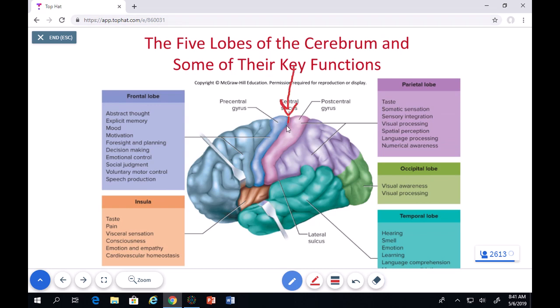The central sulcus separates the frontal from the parietal lobes. And then the gyri directly anterior is the precentral gyrus. The gyri directly posterior is the postcentral gyrus. And we'll talk about those specific gyri in more detail.